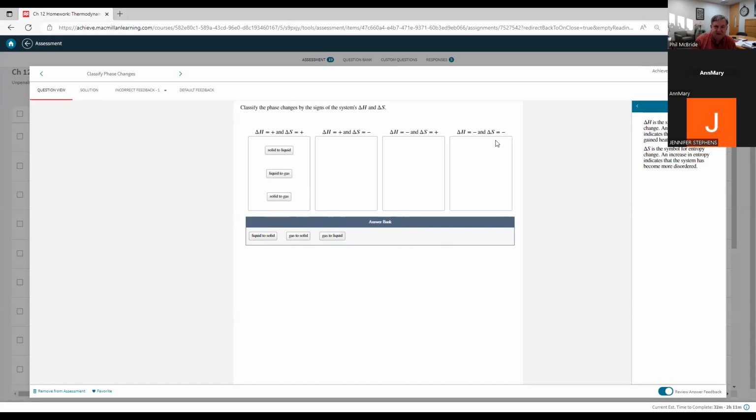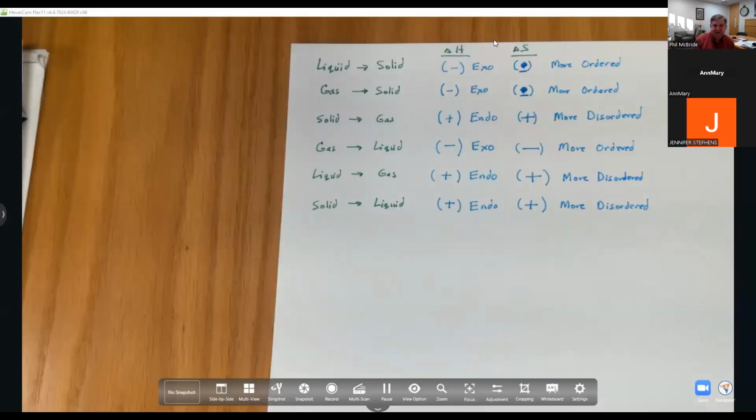And then you had delta H and delta S both negative: liquid to solid, gas to solid, and gas to liquid. So the ones that were both negative were liquid to solid, gas to solid, and gas to liquid, and the ones that were both positive were the others.